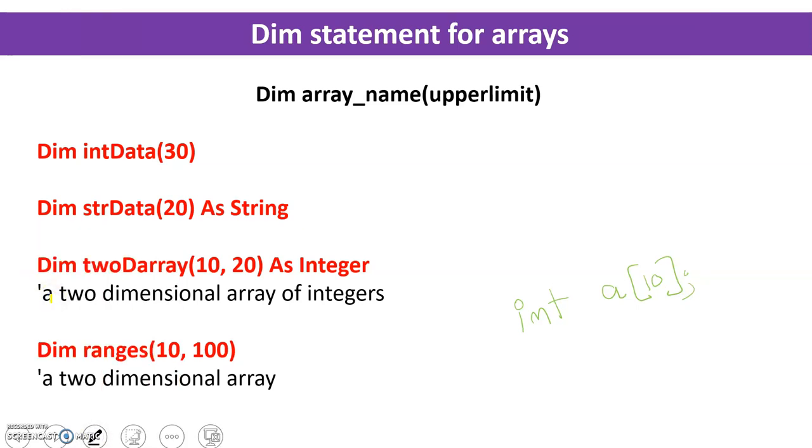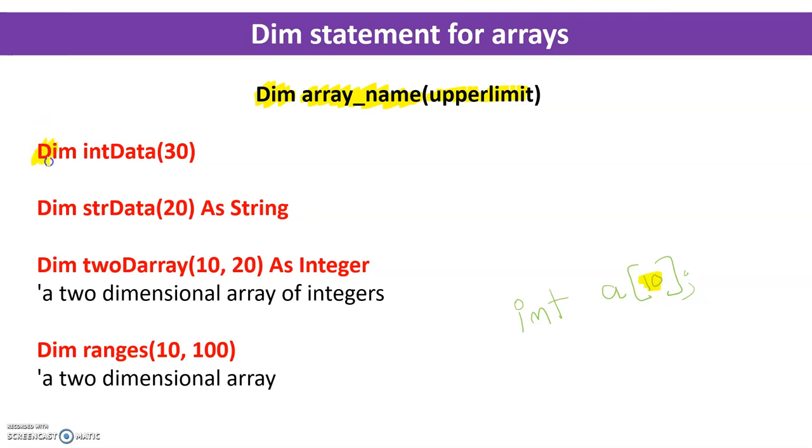How to do that? First, you need to write Dim, which is a keyword, and we know that whenever we declare any variable, we use Dim. Then you can simply write the name of the array, and here you can give the range, just like this. So let's see the examples.